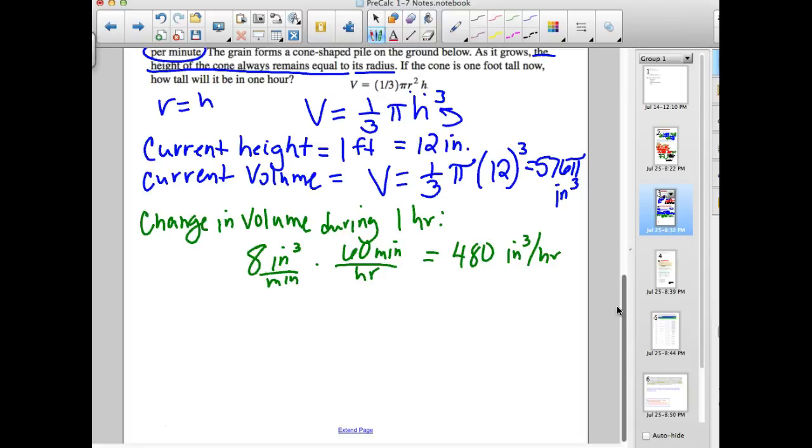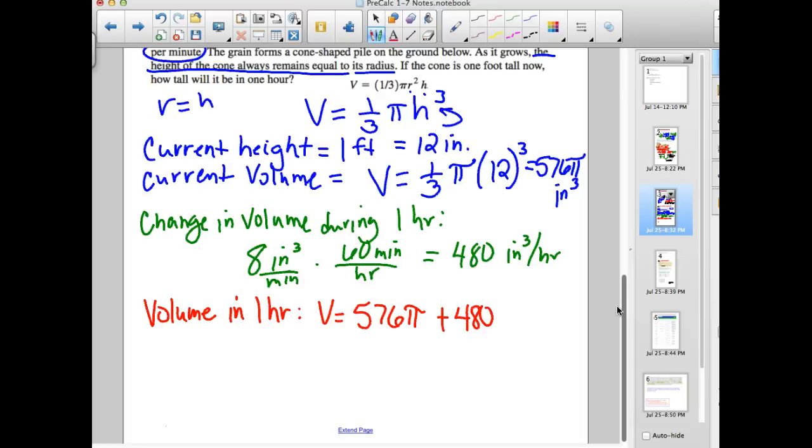So what will our volume be in 1 hour? We had 576 times pi cubic inches, right? That was our starting point. And then we're gaining 480 more cubic inches.